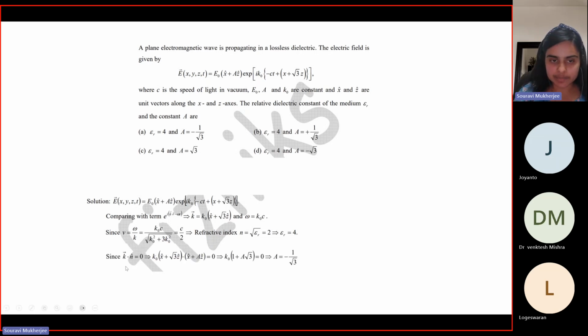So k, which is given by this expression here, dot n cap, which is given by the expression here, the dot product should go to 0. Using this relation, you can find what the constant should be. So this is how you make use of the information that is provided to you. Is this clear?